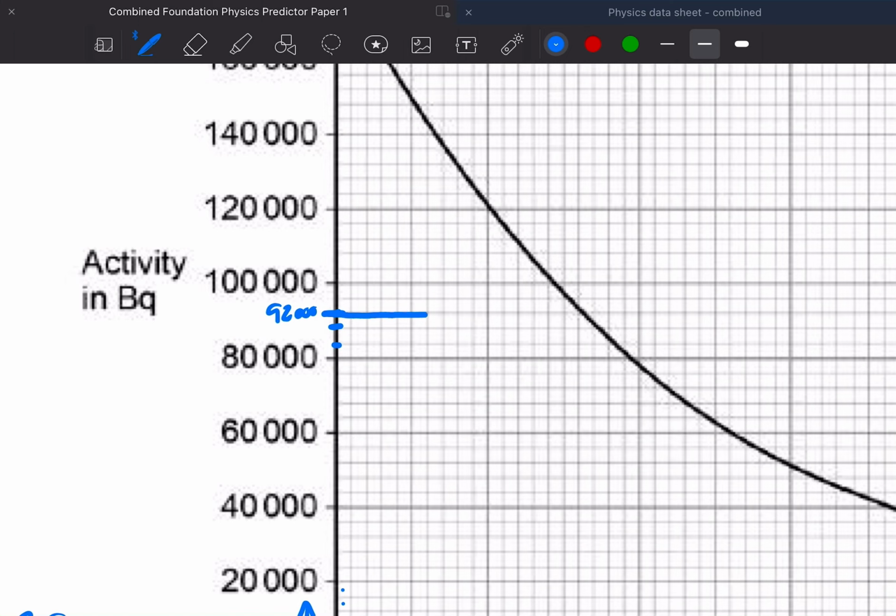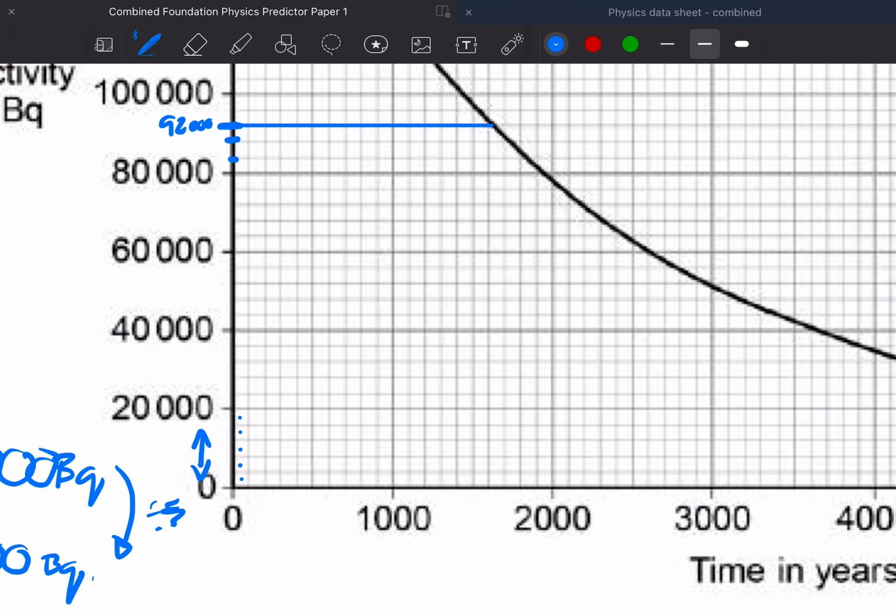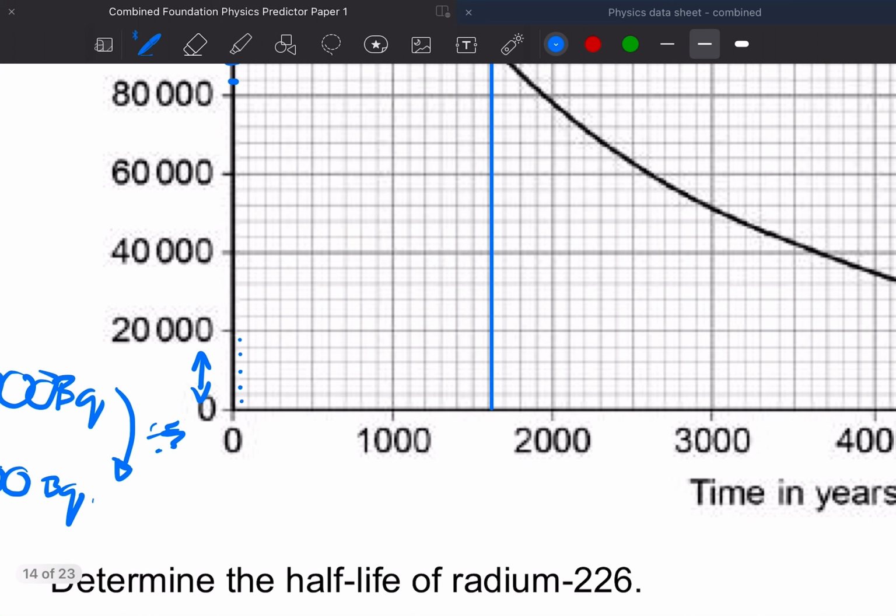We draw a line very carefully until we hit the graph, and then draw a line down very carefully along the same line until we hit the bottom axis. Whatever this number is, our time in years, is our half-life. That is the time it takes to halve.